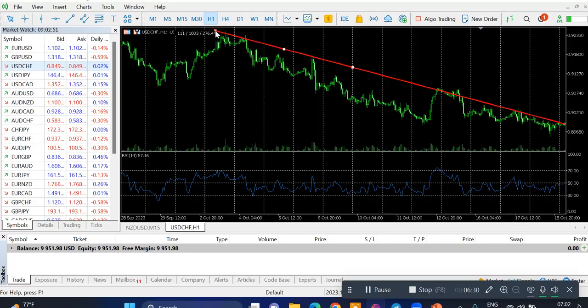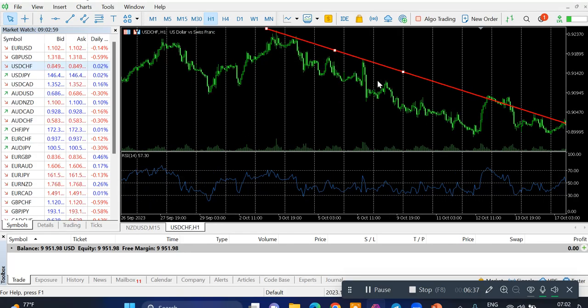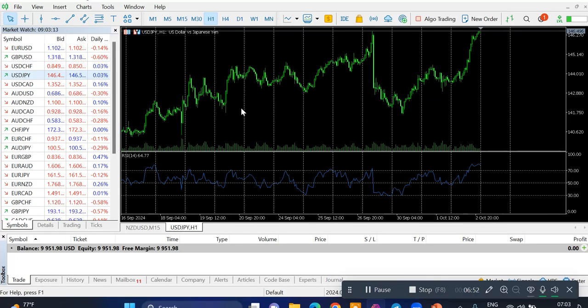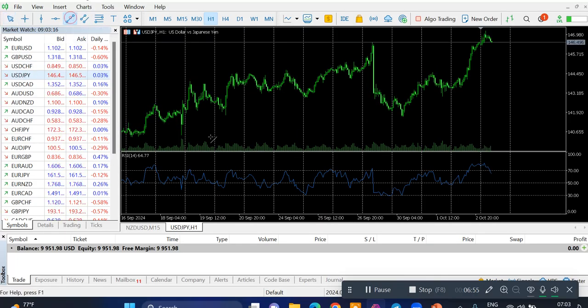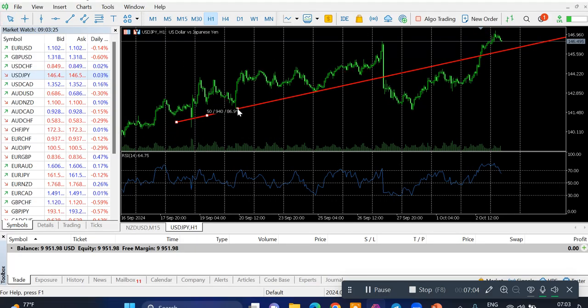Okay, so trend lines take this form and is a combination of a couple of previous highs connected together. So the more tops are connected or the more bottoms are connected, the more powerful the trend line is. Okay, so let's look at a bullish trend line to see something like this. You can see a previous low here and it extended all the way.